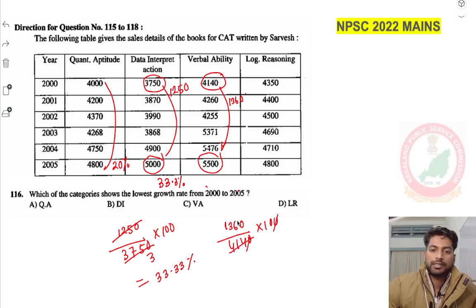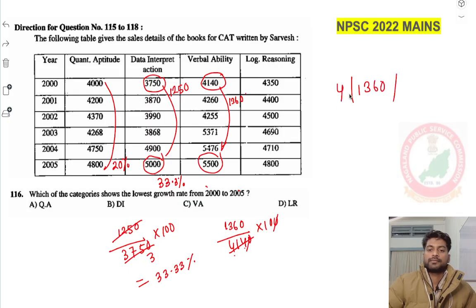This will be 3 times 12. So 1360 divided by 414; we can divide by 4.